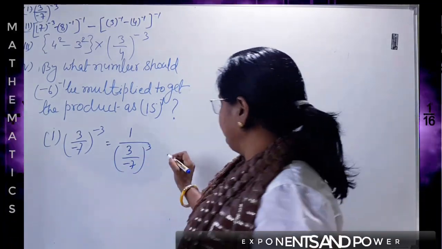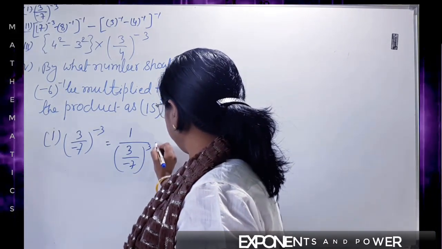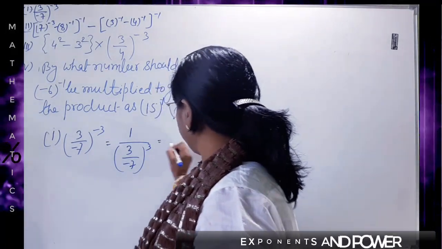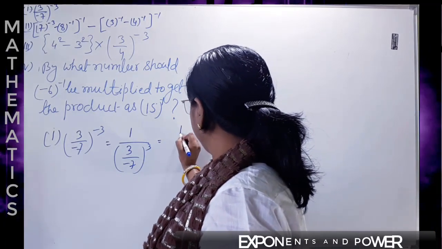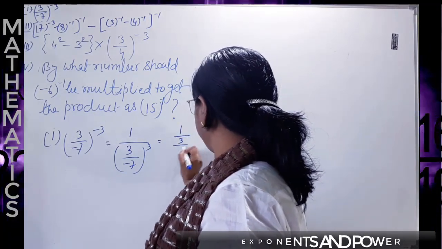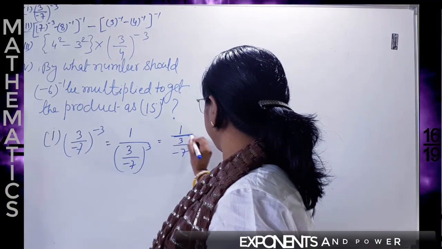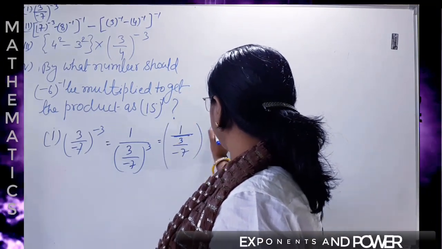Now we can write 1 by (3 by minus 7) whole to the power 3.